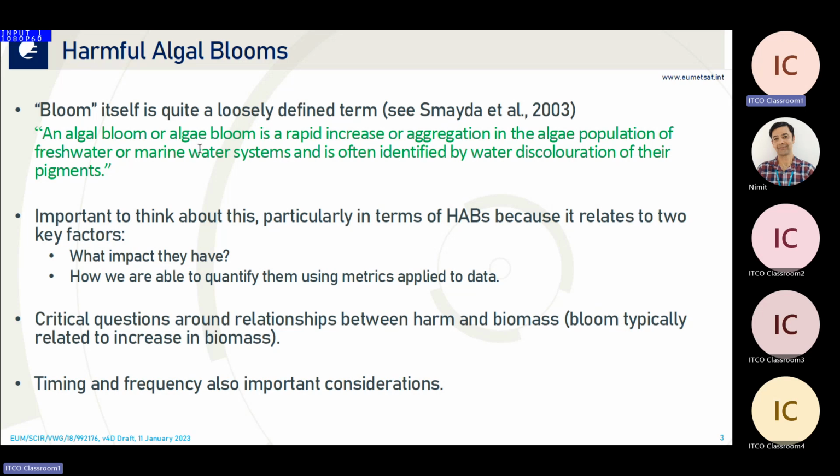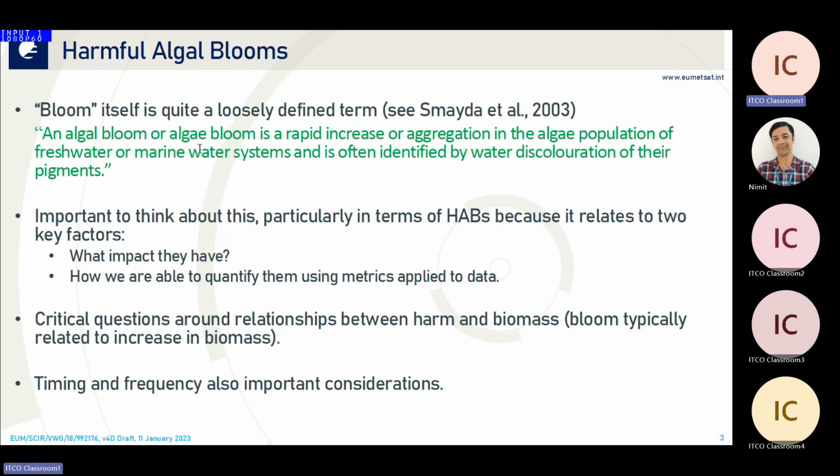So I asked ChatGPT, because it's a new thing, and ChatGPT said an algal bloom is a rapid increase or aggregation in the algae population of freshwater or marine water systems, and is often identified by water discoloration from their pigments.